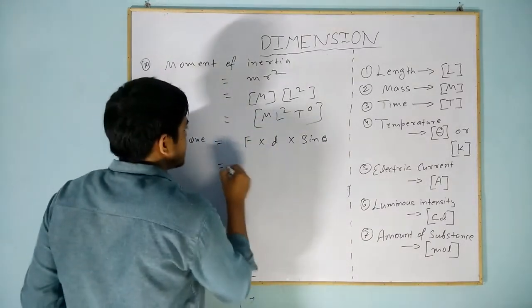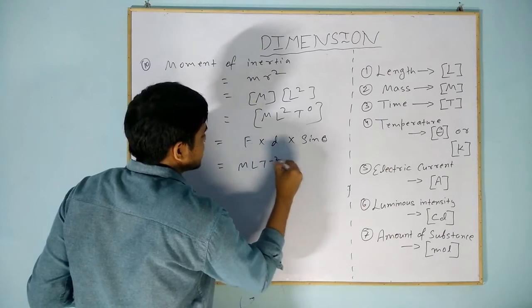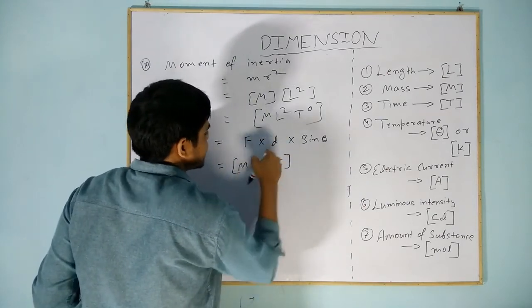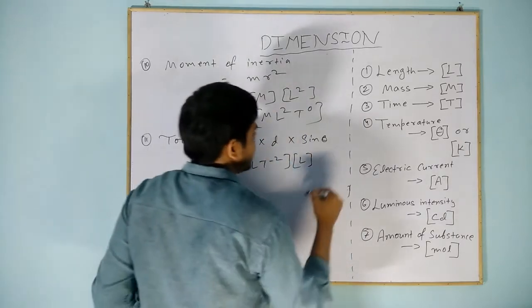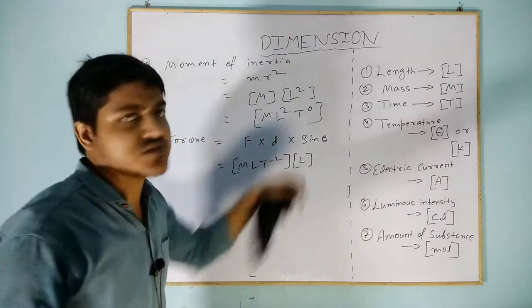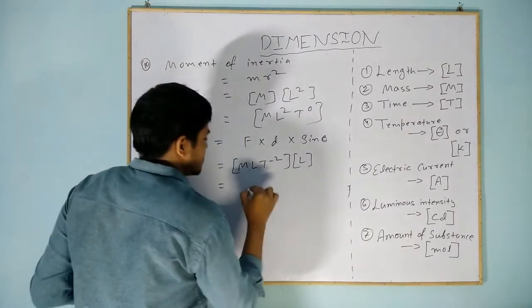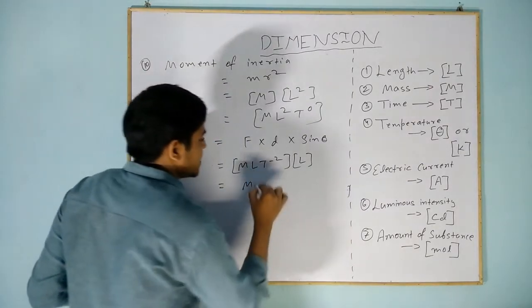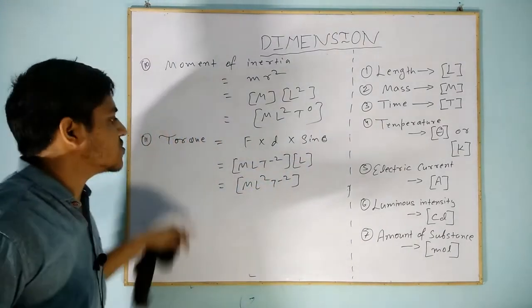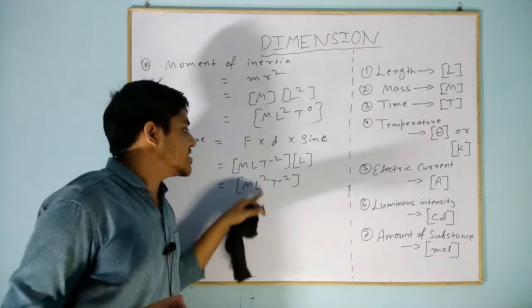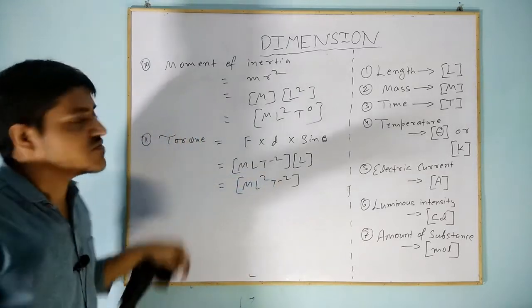Dimension of force is M L T raised to the power minus 2. This is distance, so it's a kind of length, dimension L. Sine theta has no dimension because it's a number. Numbers have no dimension, so our dimension came out to be M L square T raised to the power minus 2. This is the dimensional formula of torque, and we would say 1 in mass, 2 in length, and minus 2 in time are the dimensions of torque.